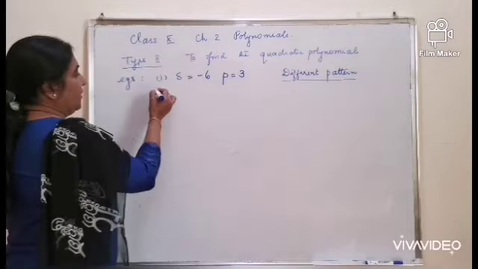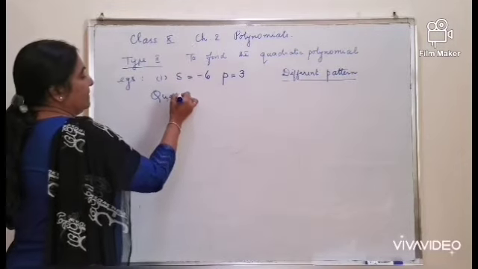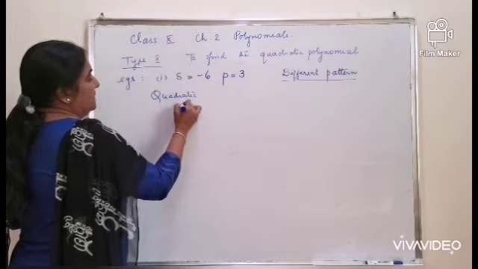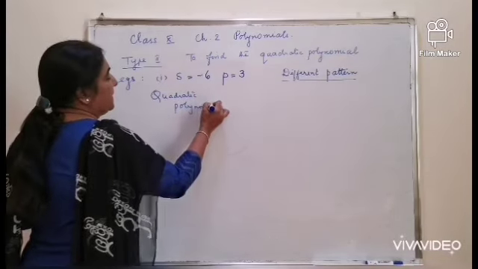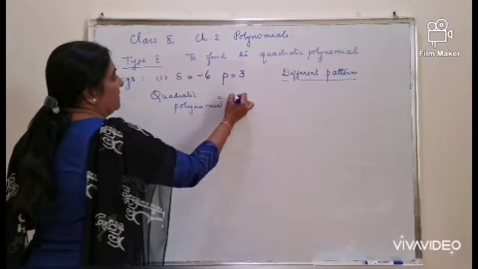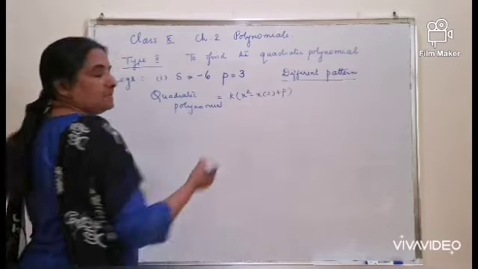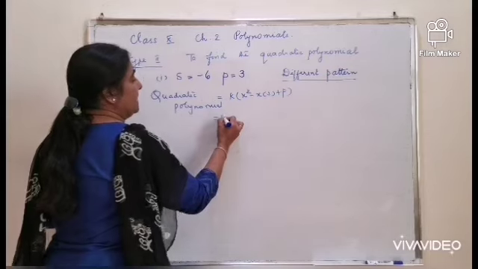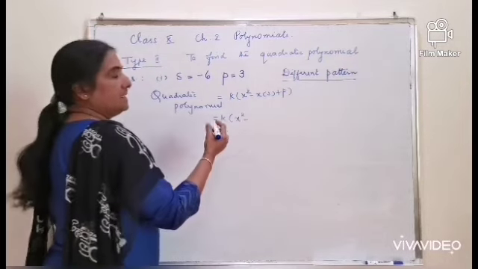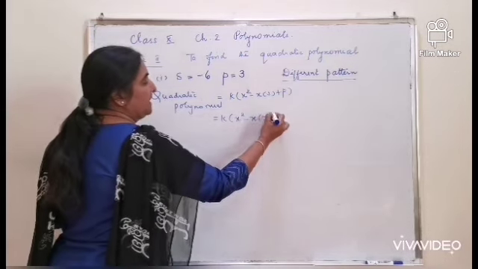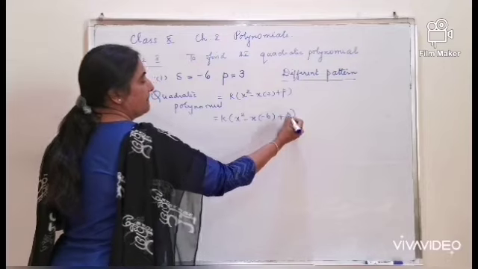The quadratic polynomial, the formula is k into x square minus x into sum plus product, which is equal to k into x square minus x into -6 plus 3.